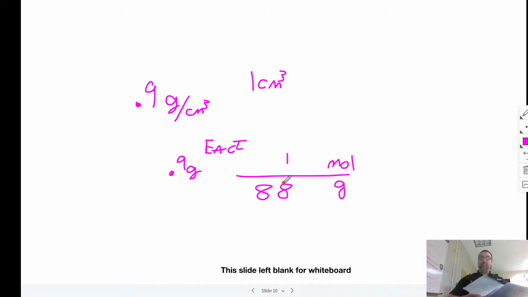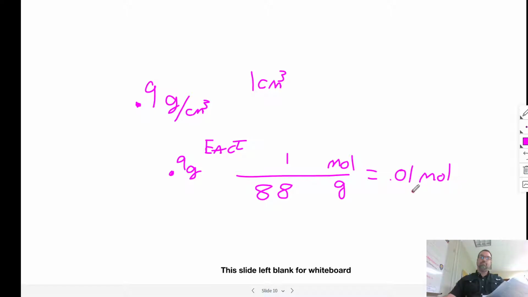We have 0.9 grams of ethyl acetate, so here we can solve for the moles of ethyl acetate, and that ends up being 0.01 moles of ethyl acetate.